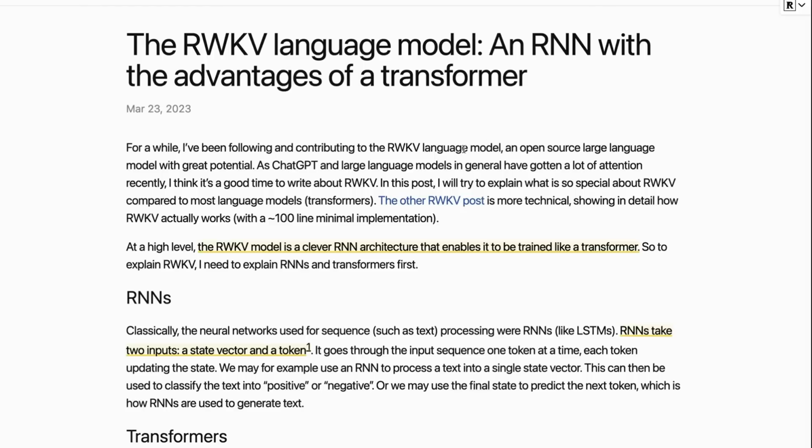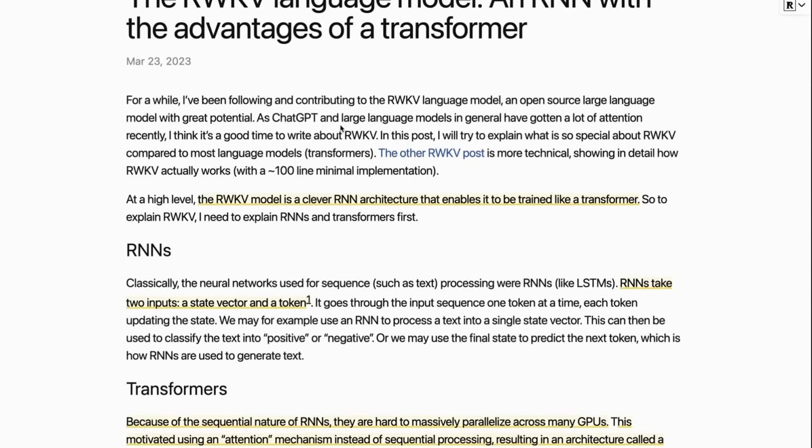So what this person's done is they've looked at, okay, what were the problems with RNNs? And the problem with RNNs was that they took a long time to train because you couldn't parallelize the training in the same way that you can with transformers. They tended to be one token at a time, and they're recurrent neural networks. So this caused lots of issues with training.